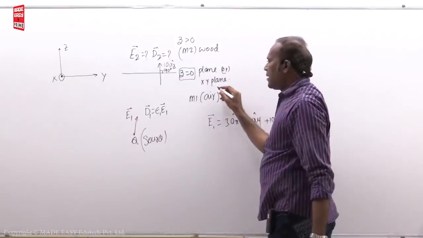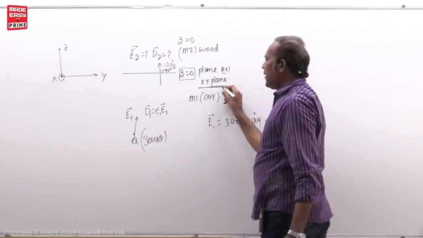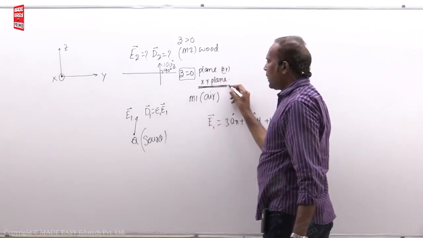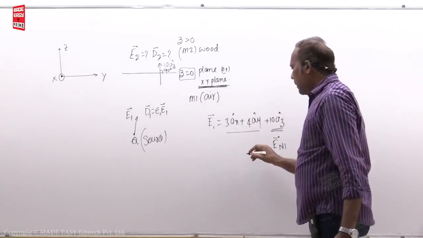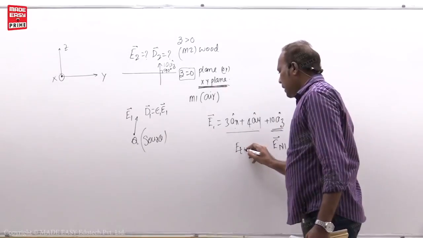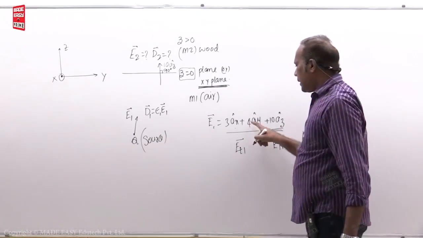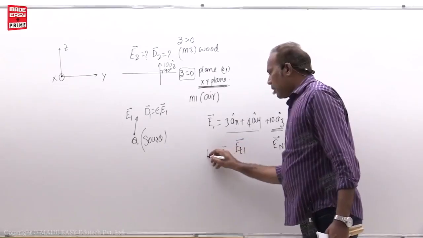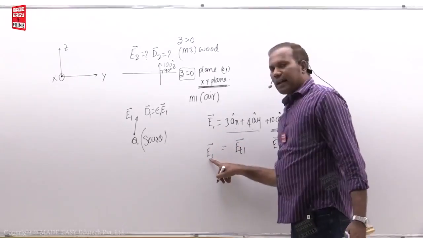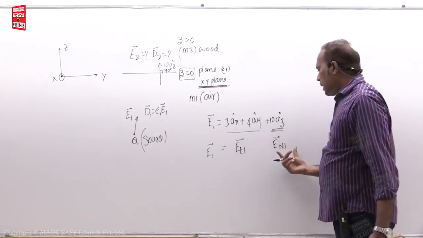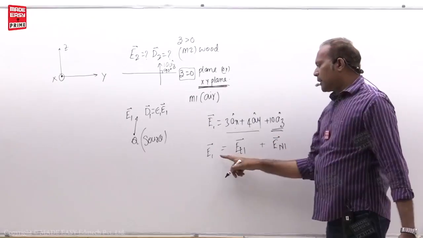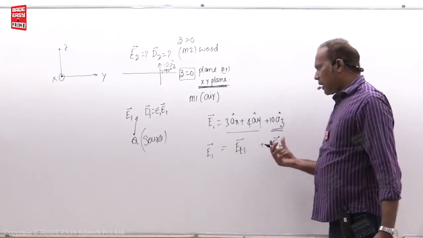For the xy plane, or otherwise xy boundary, these x, y components are parallel. Another name for parallel is tangential. So this is the electric field tangential component. So the conclusion is any vector E bar can be written as a tangential component and a normal component.